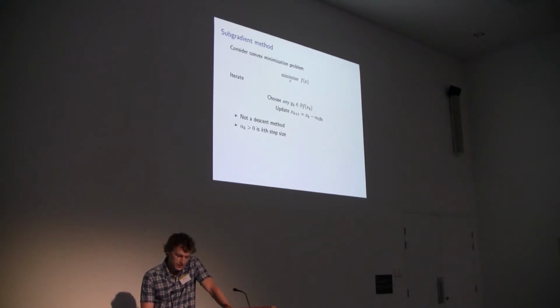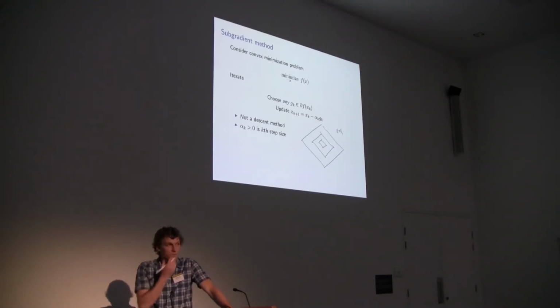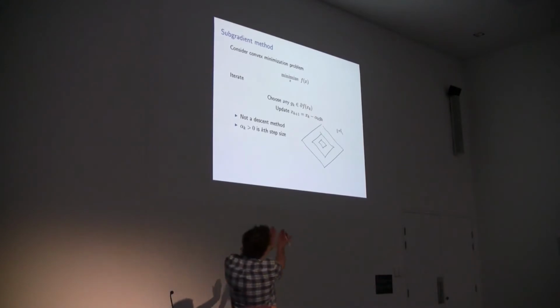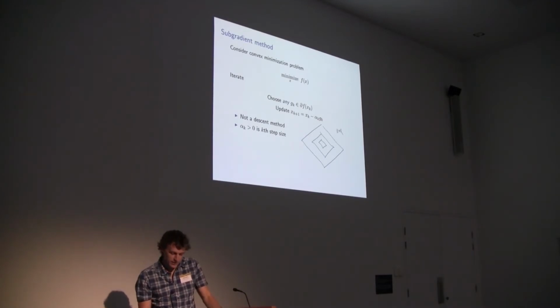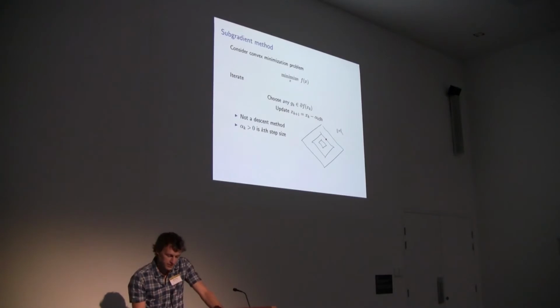So let's draw a picture here and think about what the subgradients are. Here are the level curves of, say, the L1 norm. This is a function growing out of the screen towards you. At any point, what's the subgradient set here? It's just the vector pointing down this way.